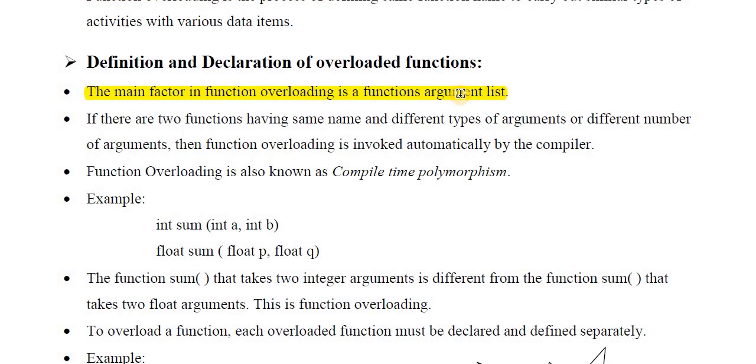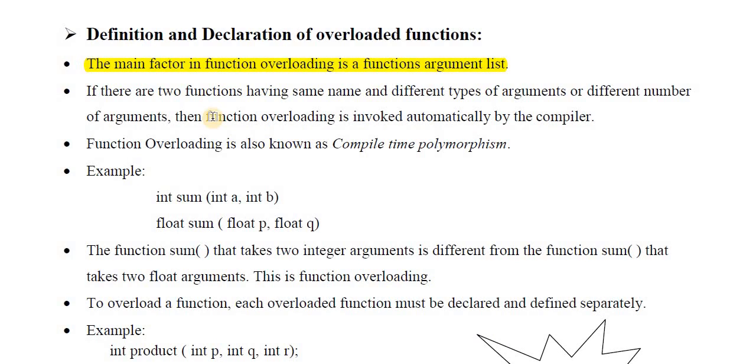We have to change the function arguments in more than one function. Another name of function overloading is compile time polymorphism.